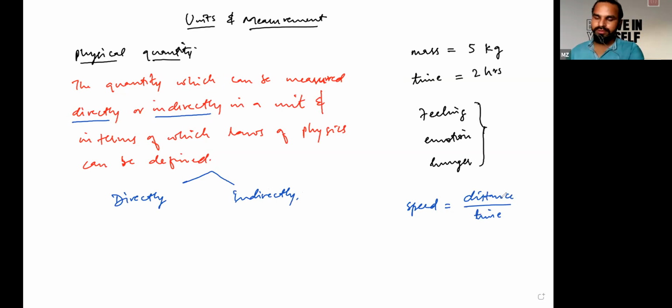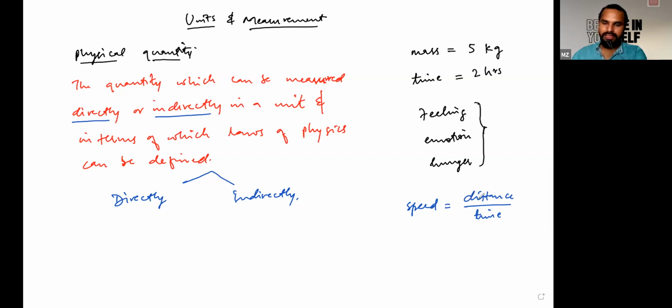So if I tell you to calculate distance, you just need a meter scale and we start counting from the beginning of the journey till the end. So for the measurement of distance, we don't need any other quantity. Similarly, if you want to calculate time, you just need a watch or stopwatch. We don't need any other physical quantity for its measurement.